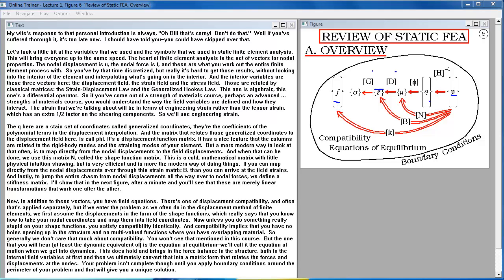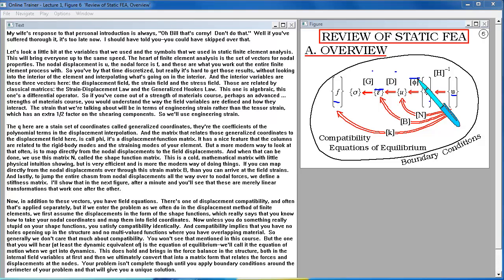And the matrix that relates those generalized coordinates to the displacement field here is called phi. It's a displacement function matrix. It has a nice feature that the columns are related to the rigid body modes and the straining modes of your element.